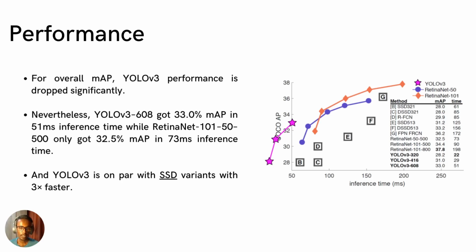RetinaNet was the state-of-the-art model during that time. So YOLOv3, although its mean average precision is catching up with RetinaNet, the inference speed is the one that we need to emphasize, because the reason that we are implementing YOLO is because it enhances the performance and also reduces the inference time in order to give the predictions.